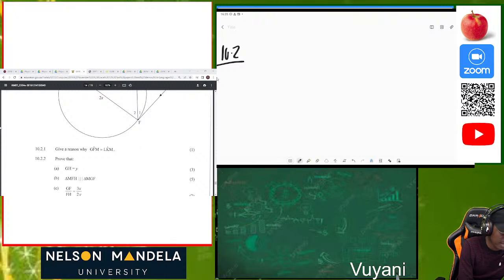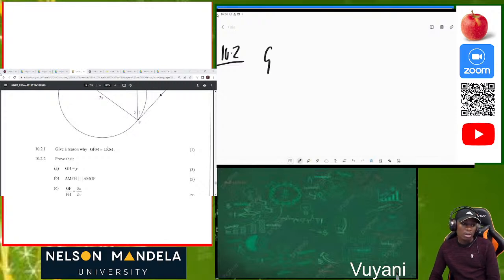The first question says, give a reason why angle GFM is equal to angle LKM.